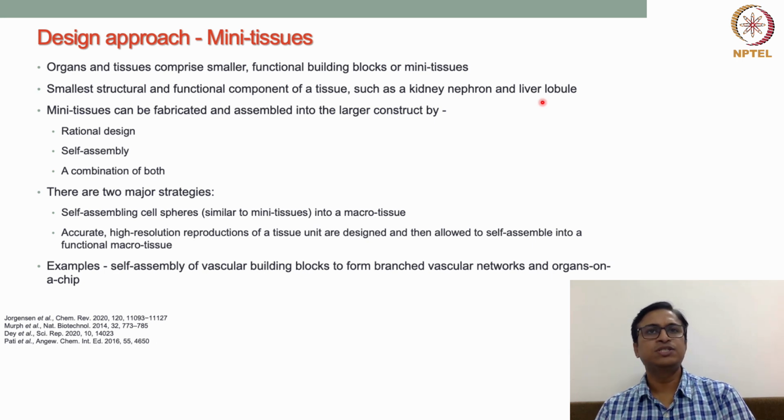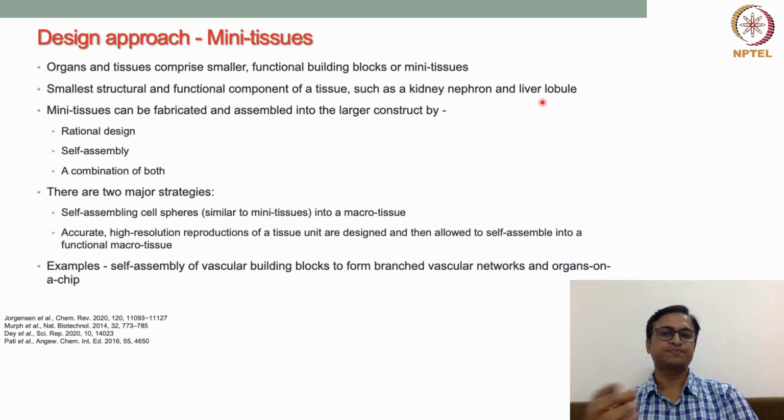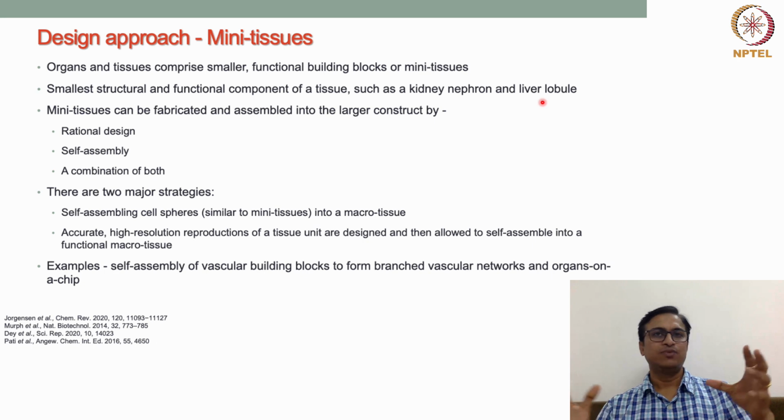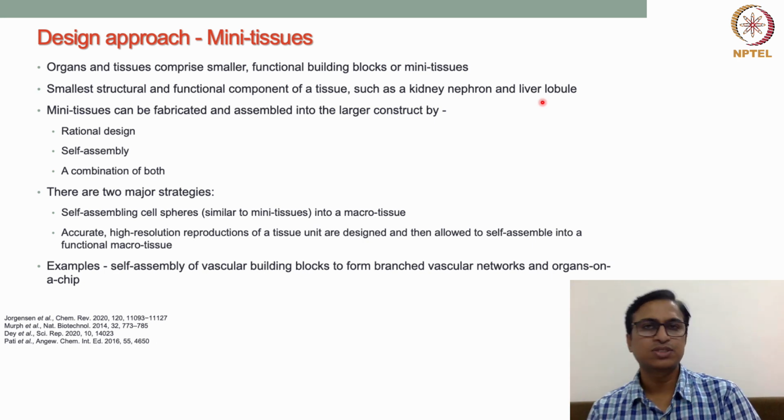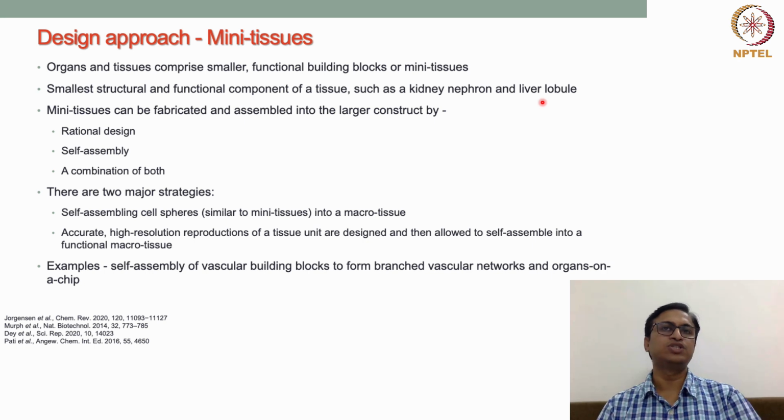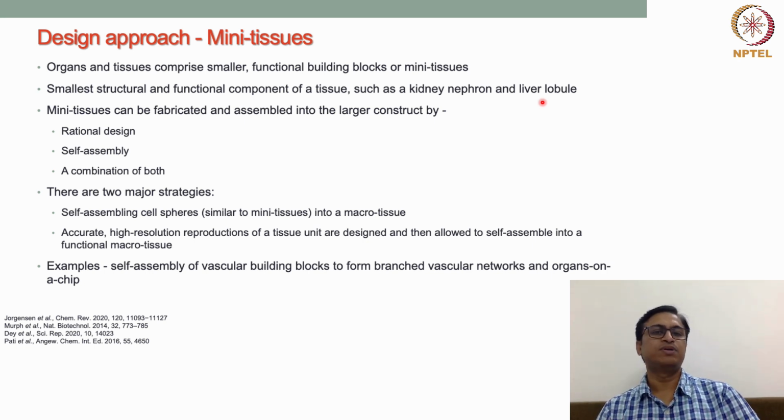Because each of these tissues or organs is composed of smaller functional building blocks like this, and when we connect those building blocks together, then the whole tissue can be formed. So this smallest structural and functional component of the tissue is something like the kidney nephron or liver lobule.